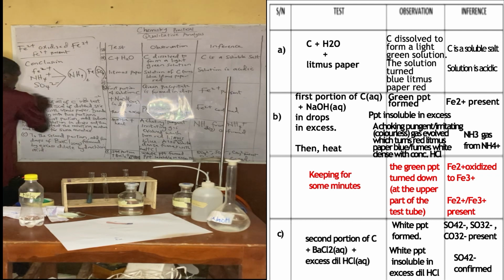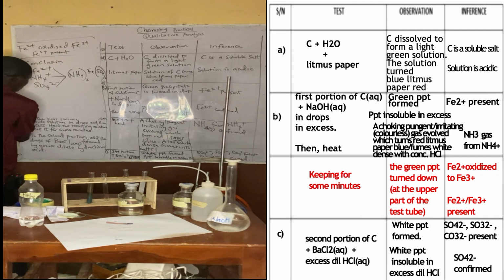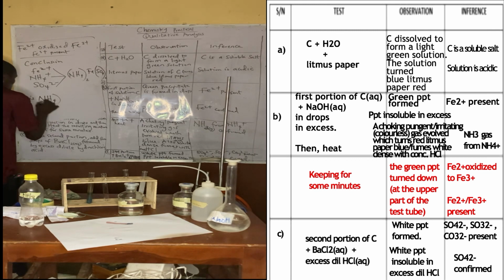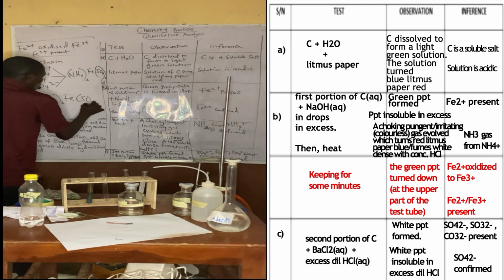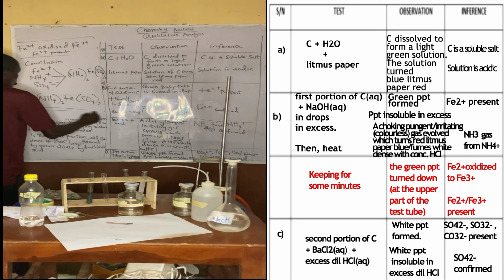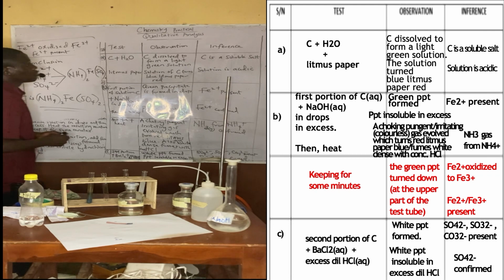You can now conclude that C is (NH4)2Fe(SO4)2. So that's what C is, a double salt.